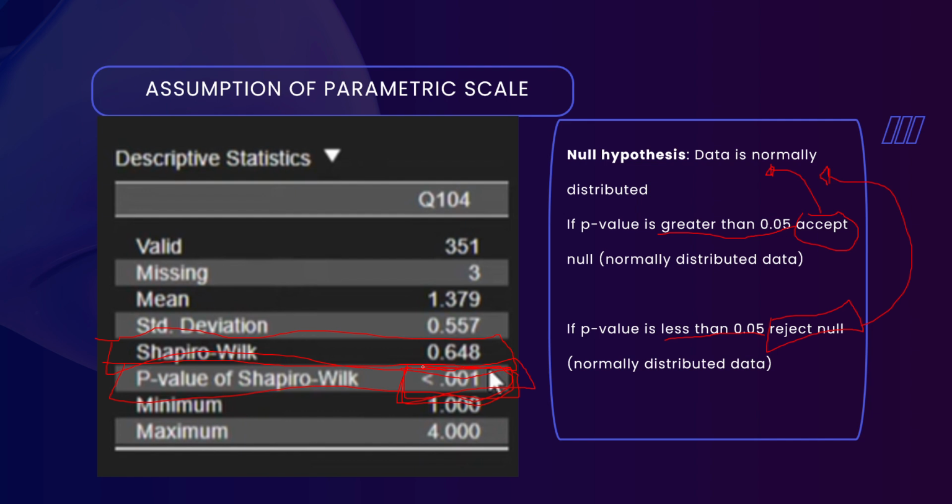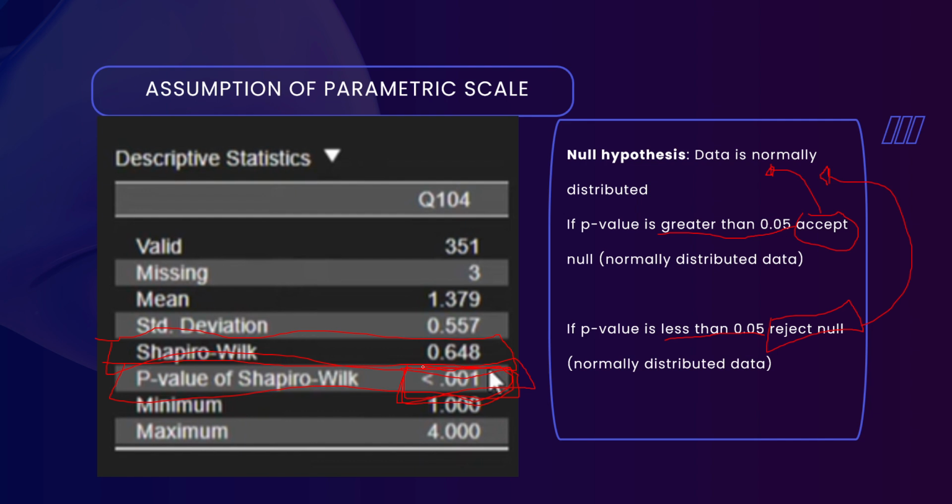The lower it is, the more it is not normally distributed. So we are aiming for the high. The closer it is to 1, the higher it is. It's like the R value. The greater the p-value, the more chance that our data is normally distributed. That's for the Shapiro-Wilk.